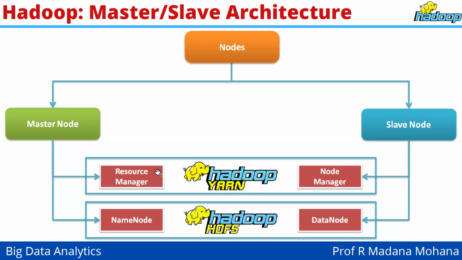Between master node and slave node, Hadoop YARN consists of resource manager, node manager. Similarly, through Hadoop Distributed File System, which consists of name node, data node. So finally here we have master node, slave node, then name node, data node, then resource manager, node manager. These are all the major components of Hadoop.